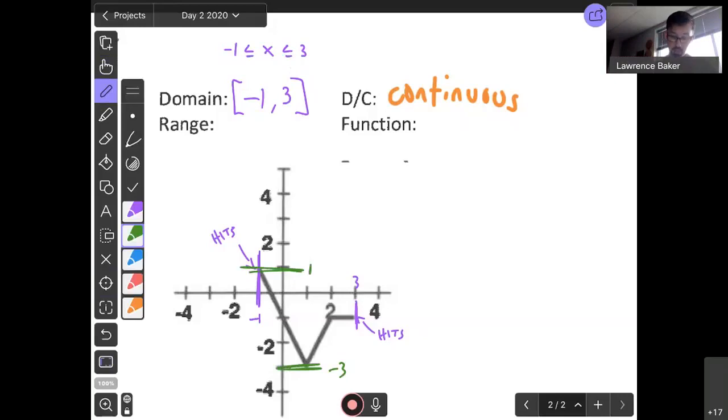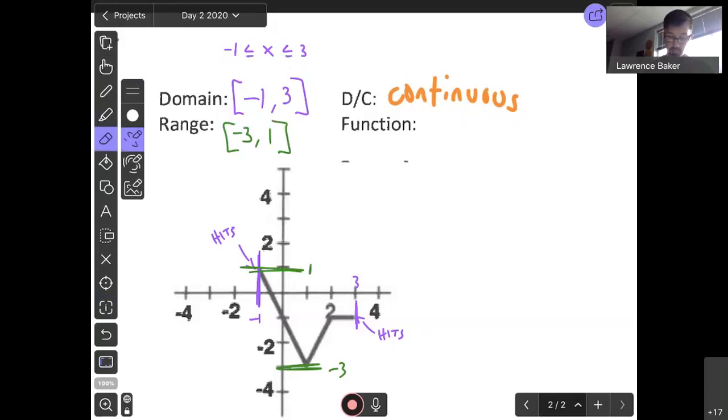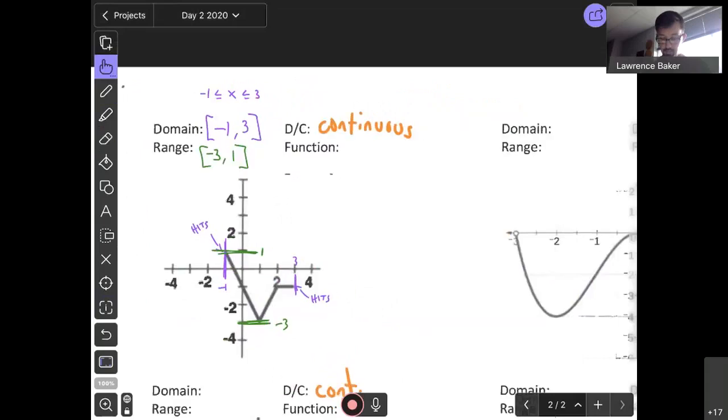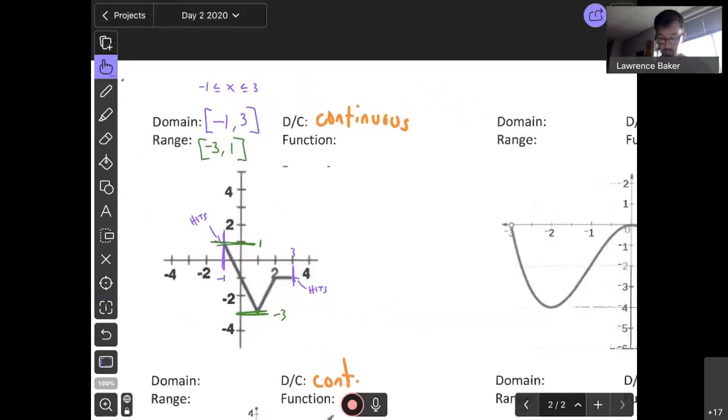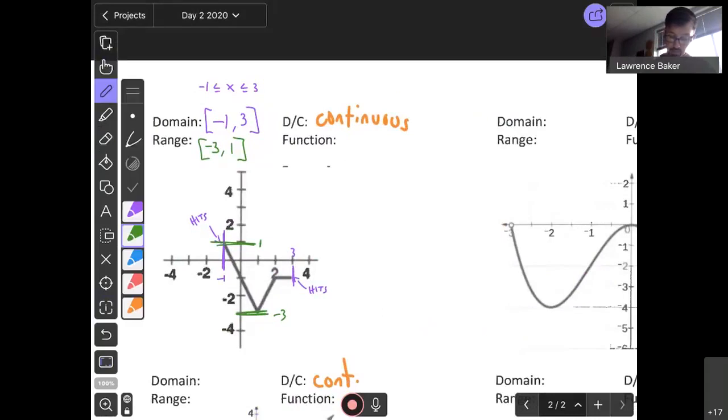So the range would be -3 to 1. And again, as far as we can tell, we're hitting -3, so it's going to get a bracket. And as far as we can tell, we're hitting 1, so we're going to get a bracket. So it's kind of your introduction to interval notation.